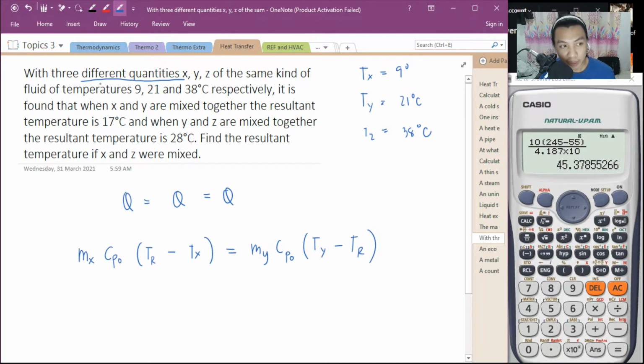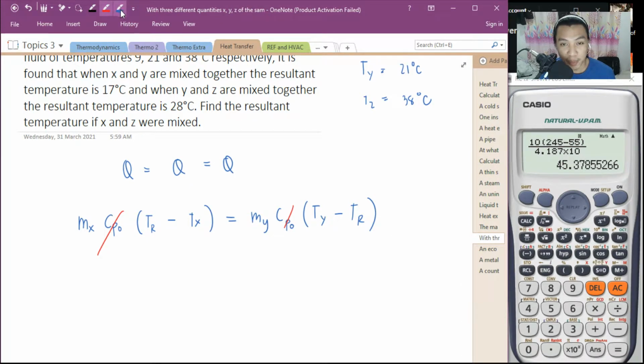Okay. So, we cancel out yung same. Ito lang naman yung same dyan eh, tsaka yung CP. Okay? Algebra lang to. So, MX multiplied to TR, that is 17 minus 9, equal to MY times TY, which is 21 minus 17.